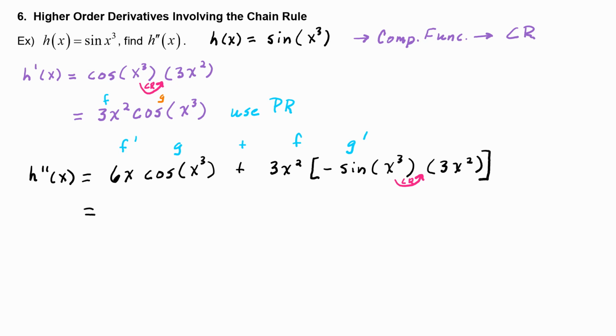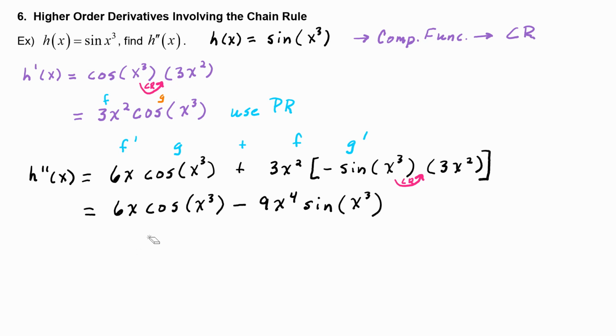So let's clean this up. We have 6x cosine of x cubed. And then from this second term, this minus sign here and the plus sign here means we'll have to subtract. We have 3x squared times 3x squared, 9x to the fourth, times the sine of x cubed.